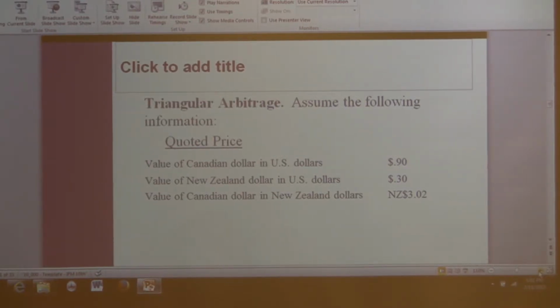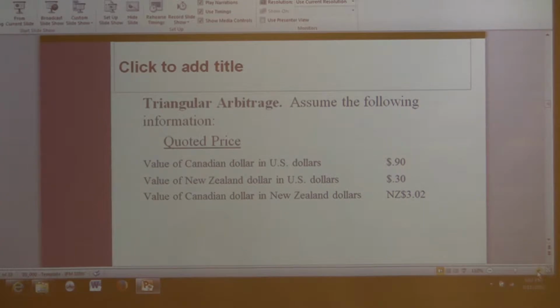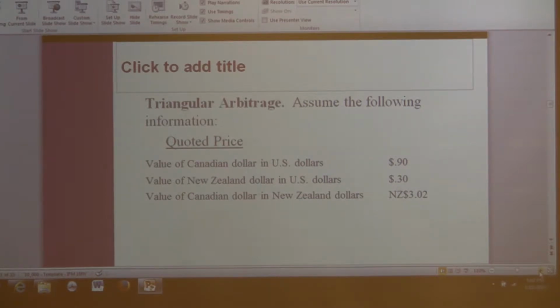Okay? So that's why we are saying that the Canadian dollar is overvalued. Definitely here 3.02 is higher than 3, so the Canadian dollar is overpriced or overvalued with respect to the New Zealand dollar. Okay? So that's what we see here.